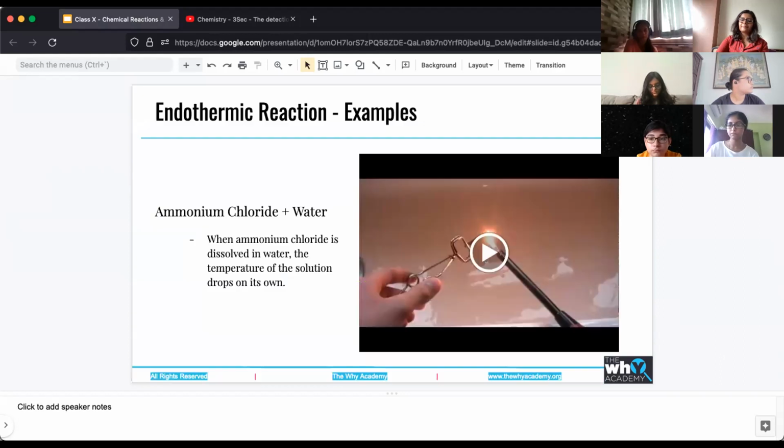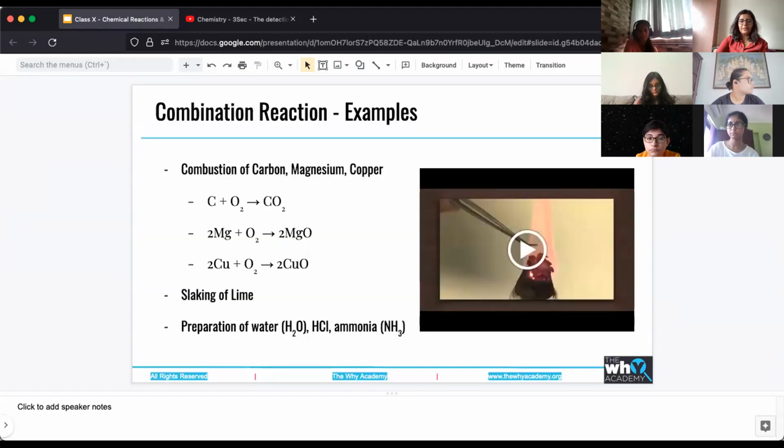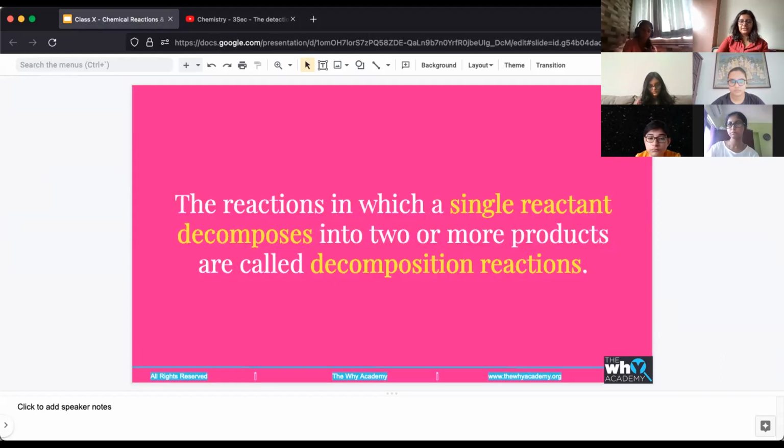So after combination, the next one is right opposite of combination reaction, decomposition. Do you know the meaning of decomposition? Breaking down. Breaking down, correct.